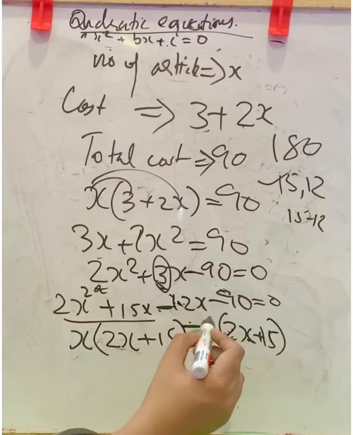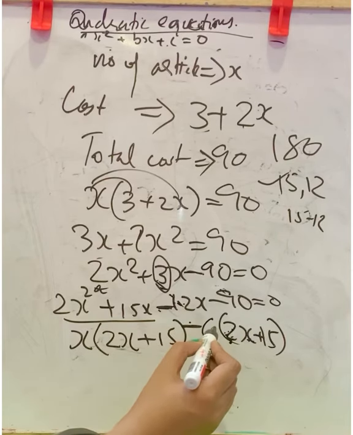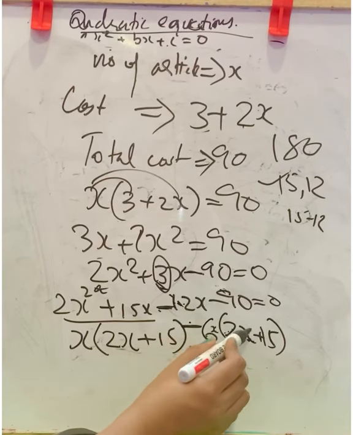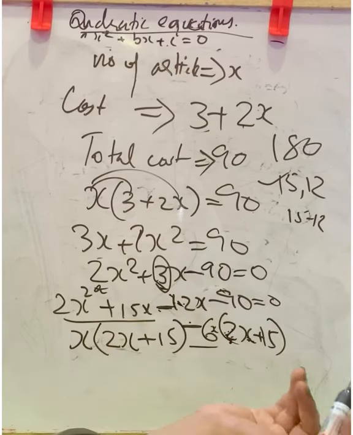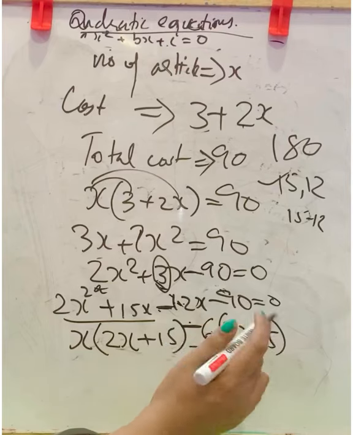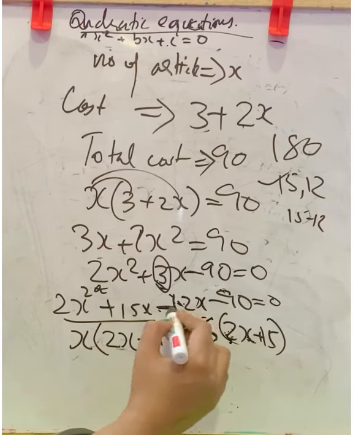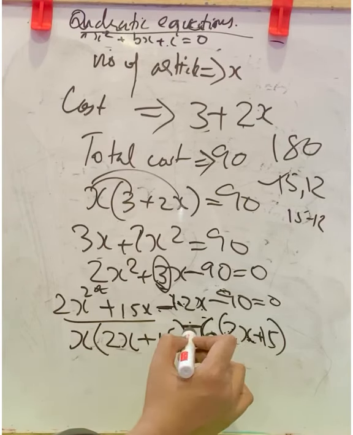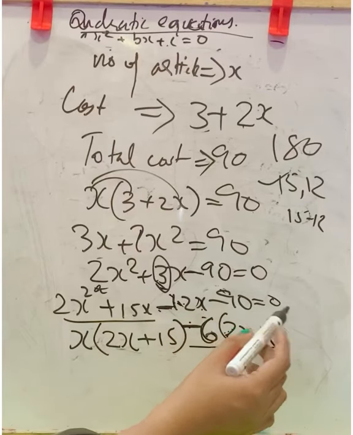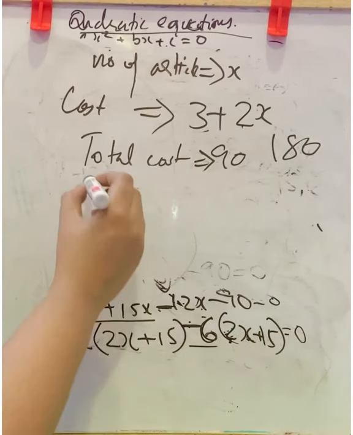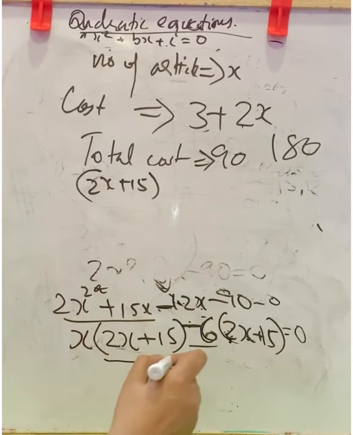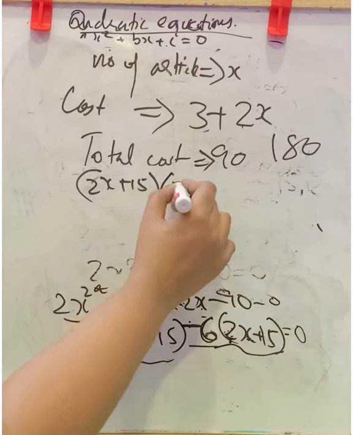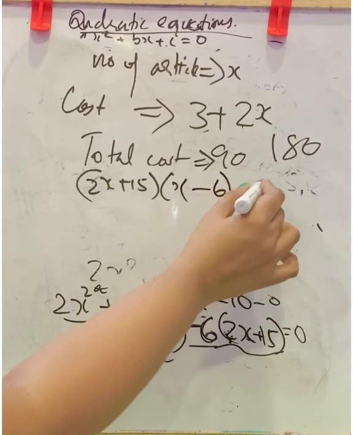What into 2 is 12? 6 into 2. If you write x here, then x into x you will get x square, but it is not x square, x is there. So don't write x. So minus 6 into 2x gives minus 12x, check it with this. Minus 6 into plus 15 gives minus 90 equal to 0. 2x plus 15 is common, take it outside the bracket. Here we will get x and here minus 6 equal to 0.